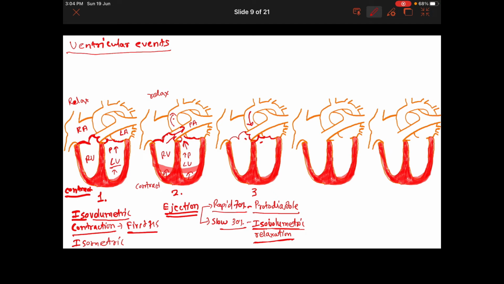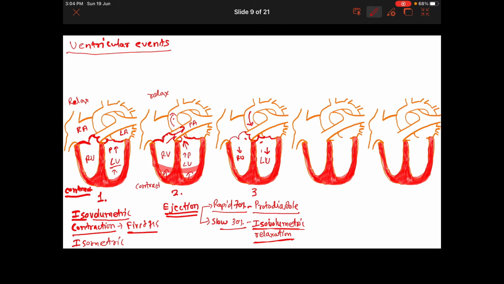Here we are seeing the left ventricle, and the left ventricular pressure is decreasing continuously. In the right ventricle also, pressure is decreasing. But here, as all four valves are closed, the volume is the same, and there is no change in the cardiac muscle length.